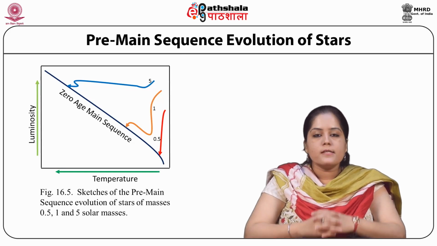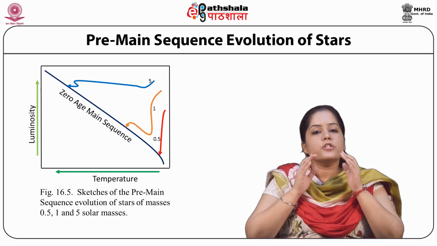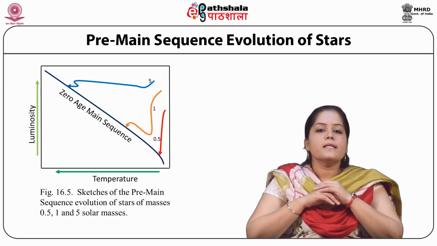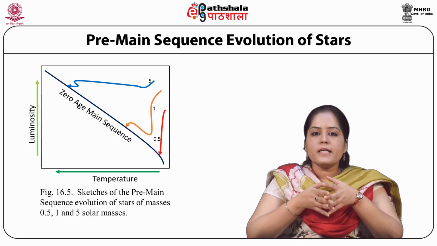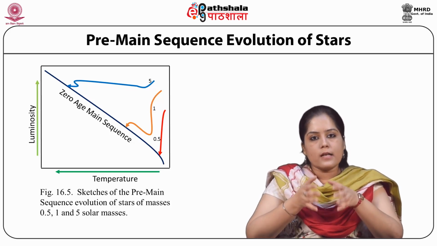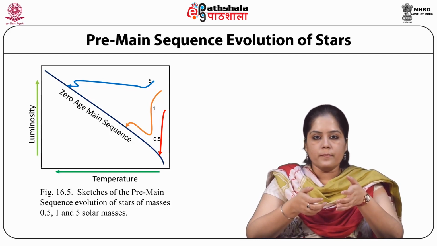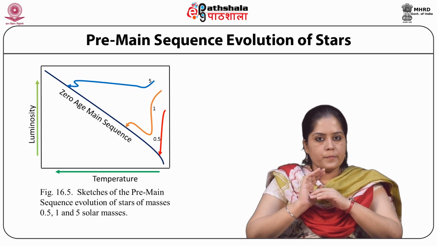Pre-main sequence evolution of stars. The general picture of star formation is that stars are formed from interstellar material when a large gas cloud becomes gravitationally unstable and breaks up into small pieces.